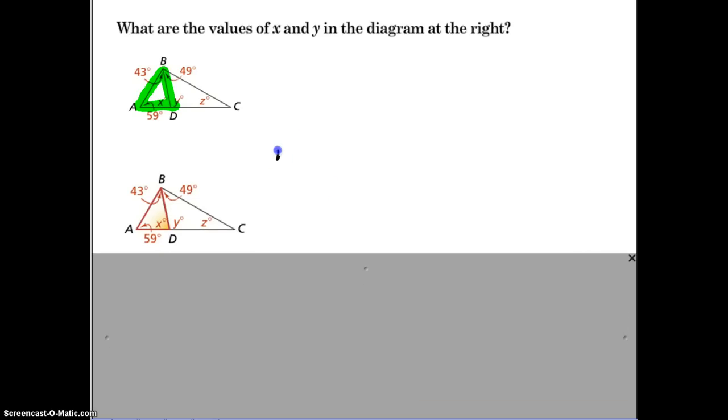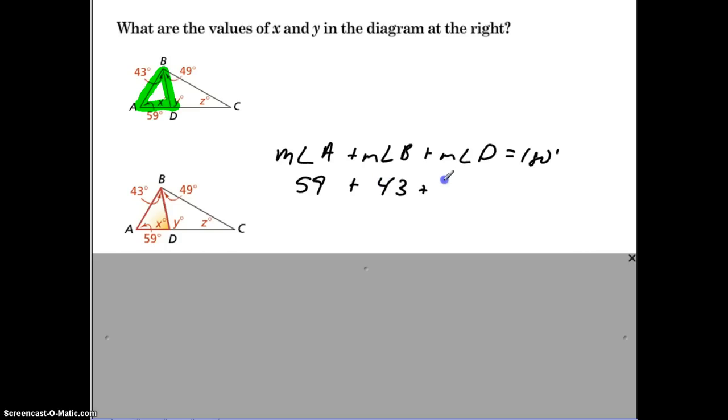So I'm going to use my triangle sum theorem: the measure of angle A plus the measure of angle B plus the measure of angle D equals 180 degrees. If I substitute in, angle A is 59, angle B is 43, and the measure of angle D, well, that's x. That's what I'm looking for.